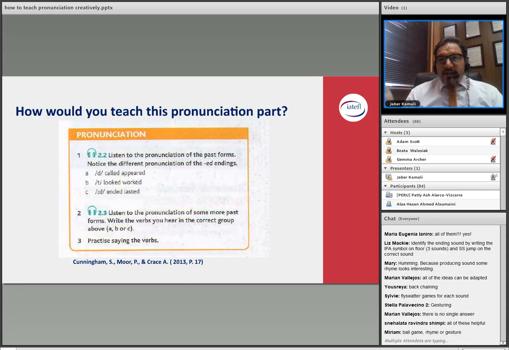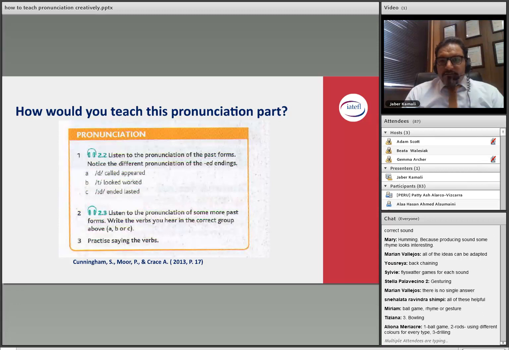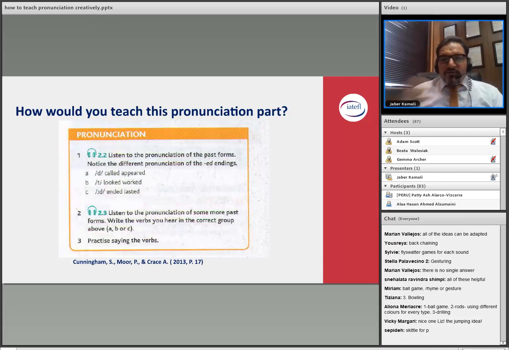Because the end of the word is important, back chaining can be helpful. Proper word. Yeah, Sylvie, that's great. Yeah, Liz, great. They can jump on it. Very good idea. I just gave you that example of having a circle, writing it, and you just ask them to read the word. They should jump on it.